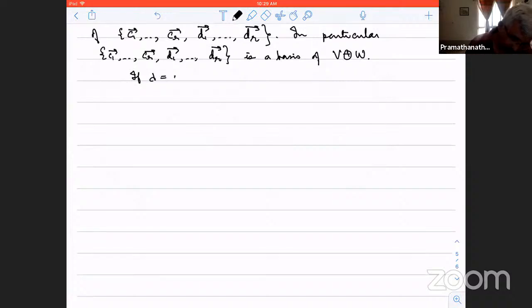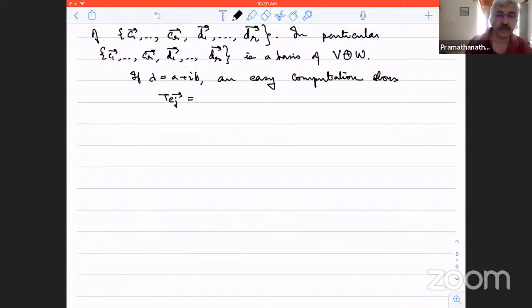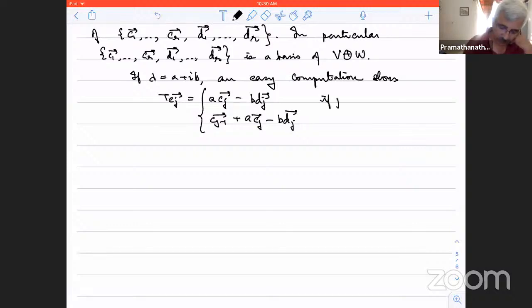So if lambda is equal to a plus ib, an easy computation shows that T Cj is equal to a Cj minus b Dj if j is equal to 1, and Cj minus 1 plus a Cj minus b Dj if j is between 2 and r.